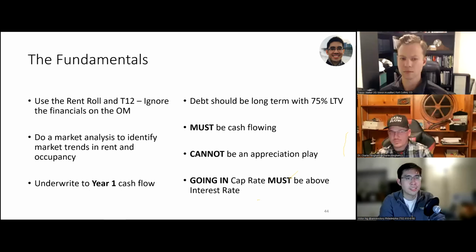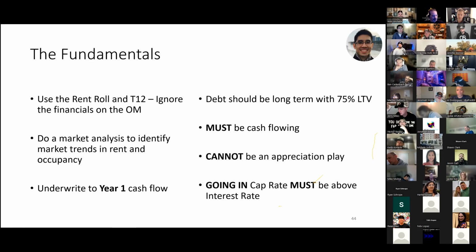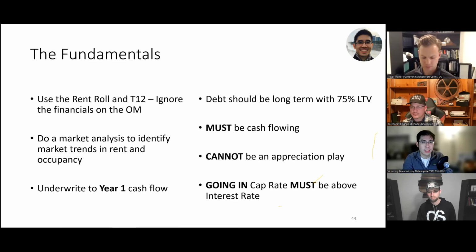So yeah, 75% LTV is kind of what the standard was before everything went crazy. If you can get a 75% LTV, that means your year one cash flow meets the minimum DSCR that the lender requires. If they won't approve a 75% LTV loan, that means your year one cash flow does not meet the DSCR, and that's why they'll come down to 60, 55% LTV.